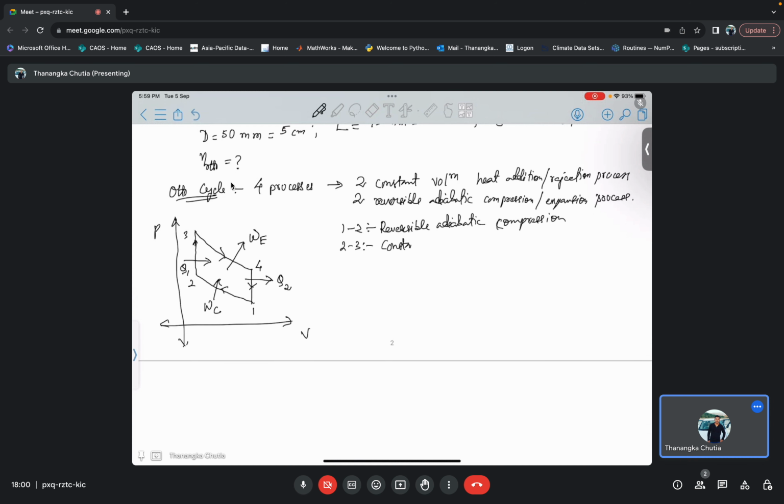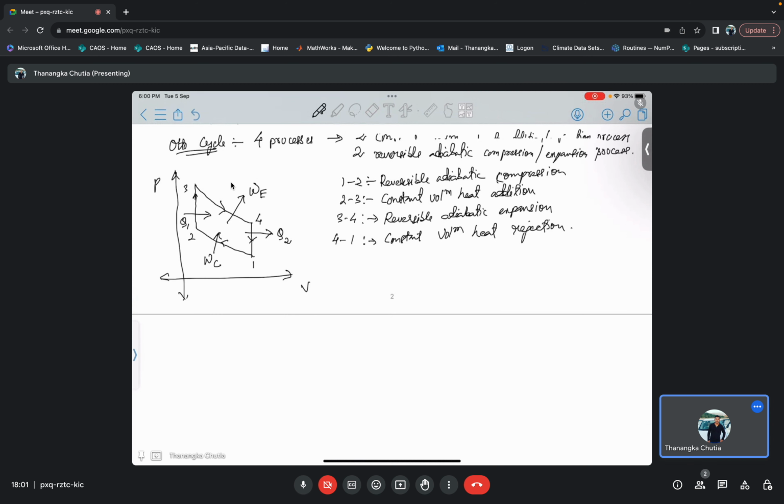2 to 3 is constant volume heat addition. 3 to 4 is reversible adiabatic expansion, and 4 to 1 is constant volume heat rejection.